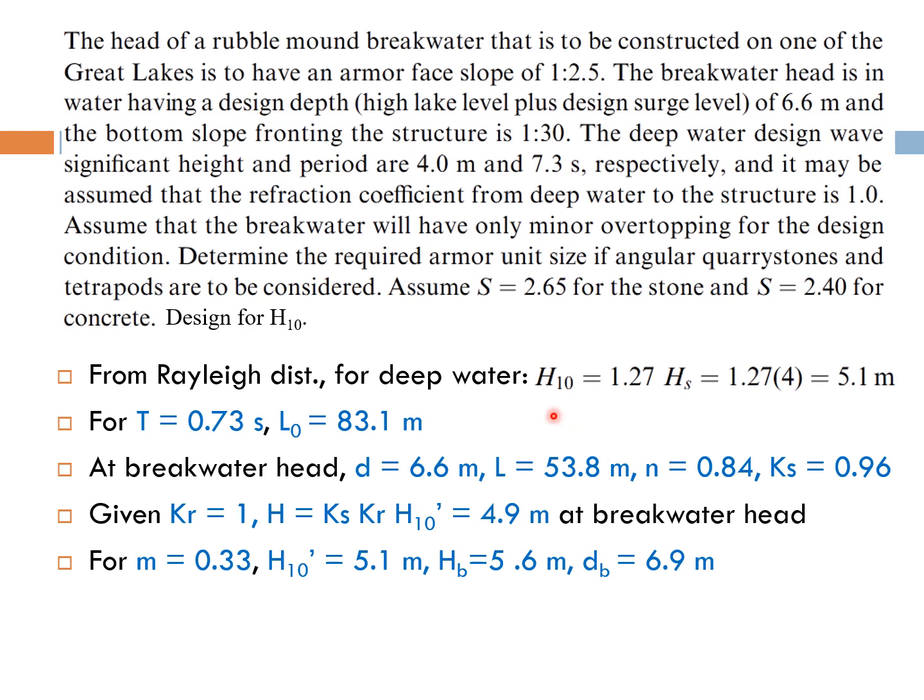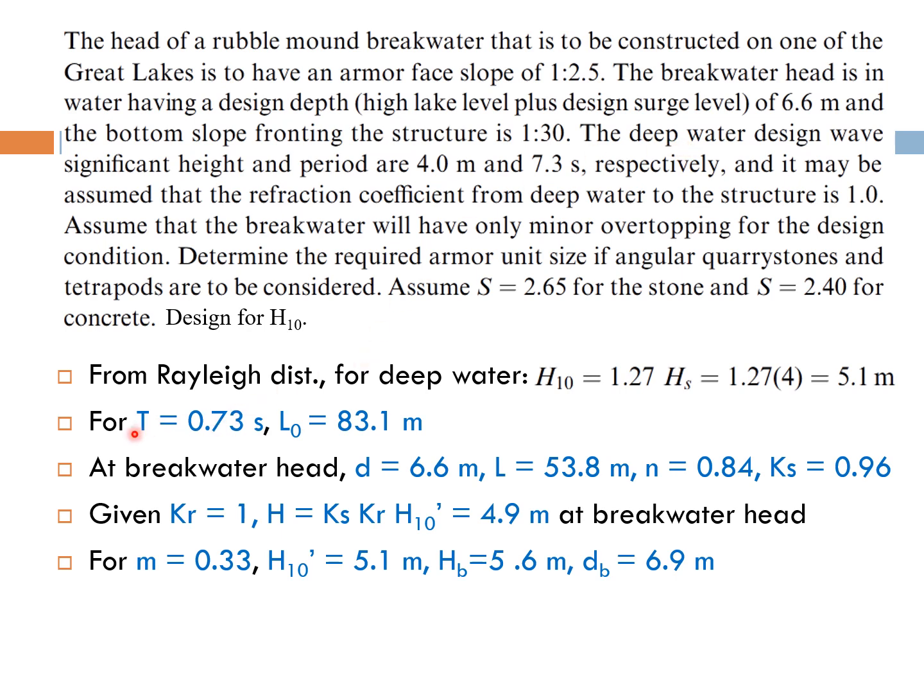Assuming that we are going to design based on H10, the 10% largest wave, H10 is equal to 1.27 of the significant wave height, assuming that the Rayleigh distribution applies. And so for this particular case, the breakwater will be designed for a wave height of 5.1 meter. But this 5.1 meter is still at the deep water position.